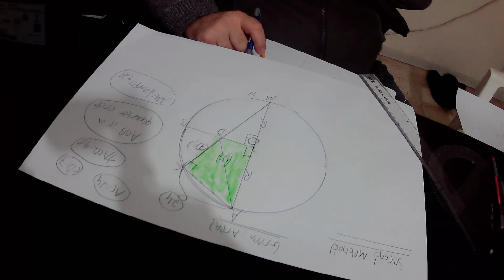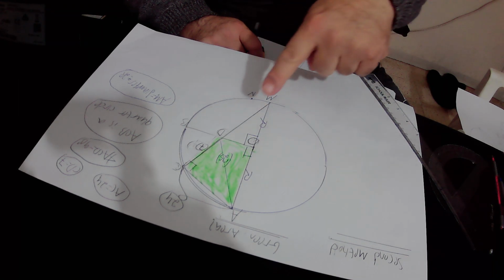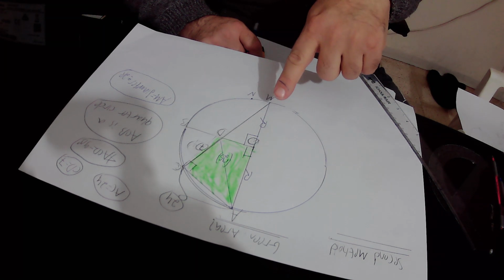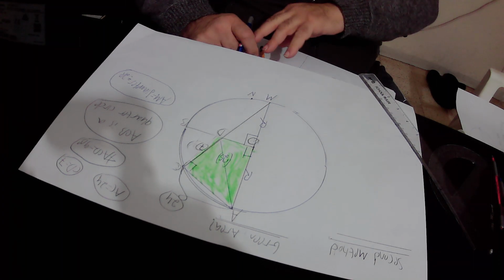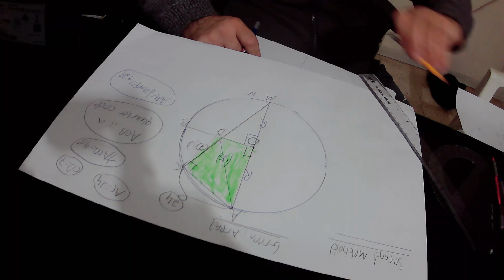In the next step, we'll prove that the green right triangle AOD is congruent to the white right triangle ODM. Those two right triangles are congruent to each other. We'll write it down.